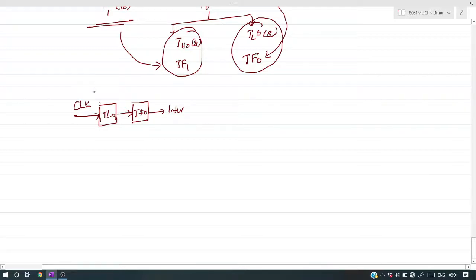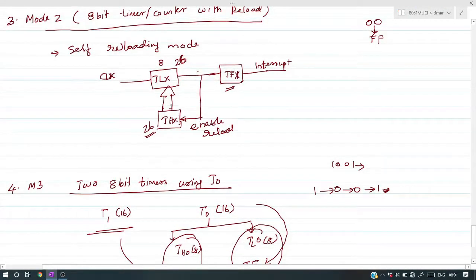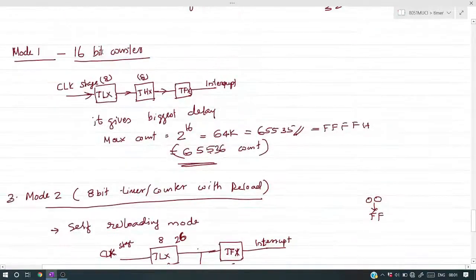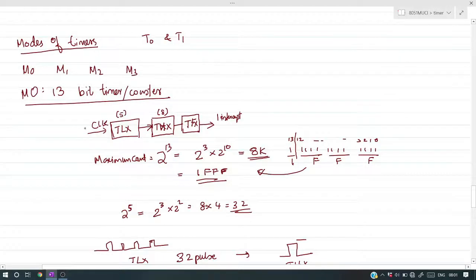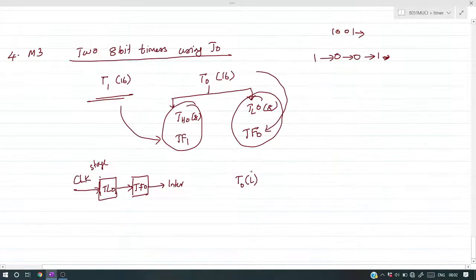This is from the clock stage, as is this, and this, and mode 0 also. This is the first counter available in this mode, two 8-bit counters using T0, that is the low order 8-bit.